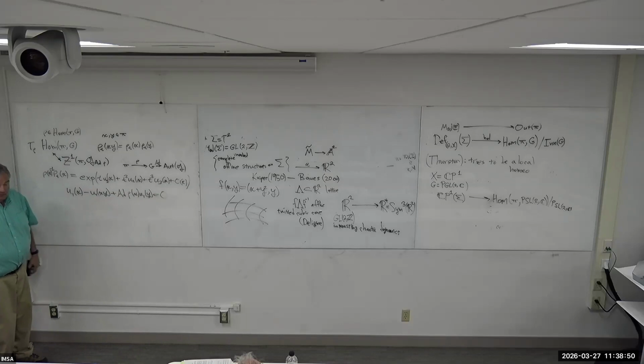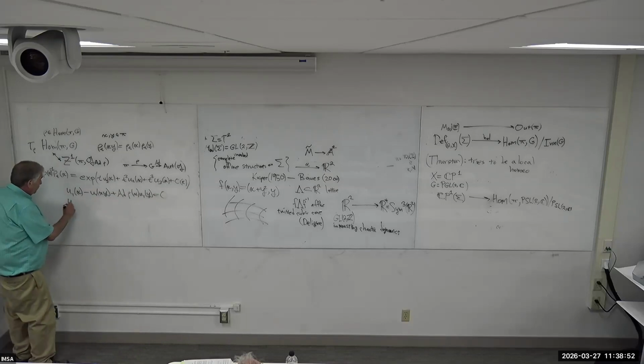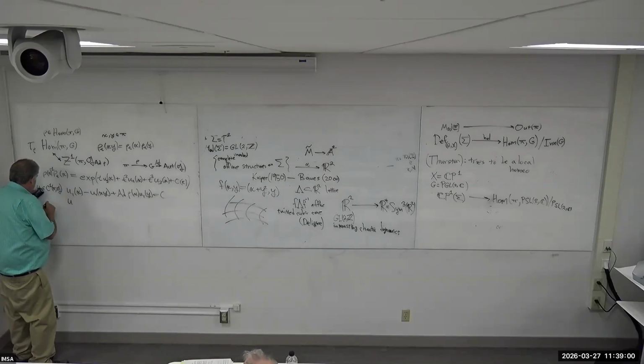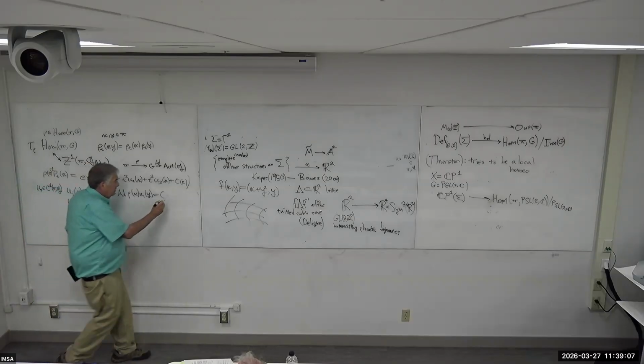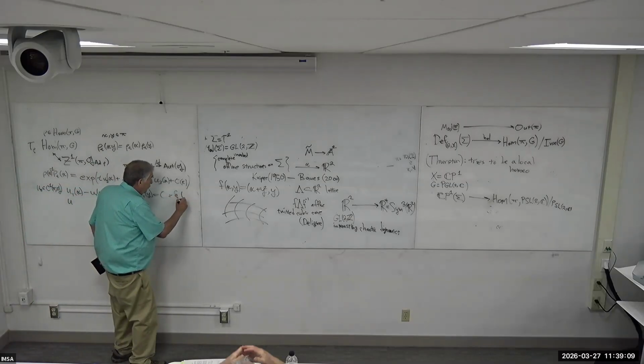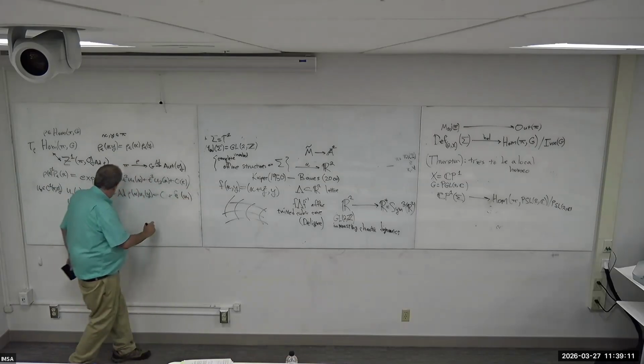What about the two-jet? What happens there? Well, u1 is a one-cochain of pi with coefficients in this local coefficient system. In fact, all these things are. And u1 is a cocycle.